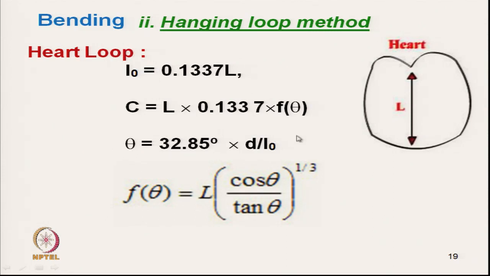L 0 is a constant for a particular type of loop. For the Hart loop, this is the constant value, and only the d value is a function of the stiffness. The stiffer the fabric, the lower the d value will be, and that changes the theta value, and the theta value changes the function of theta, and from there we can calculate.